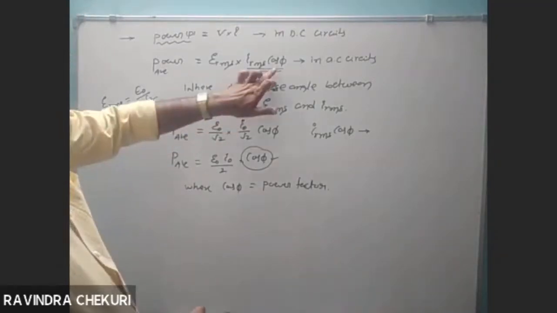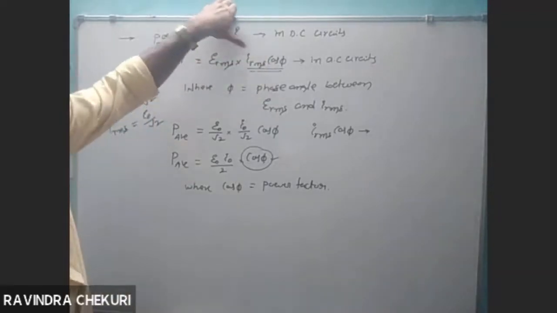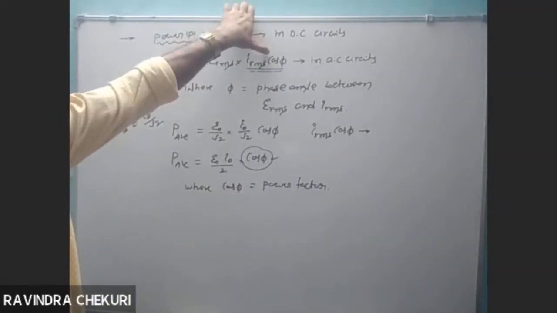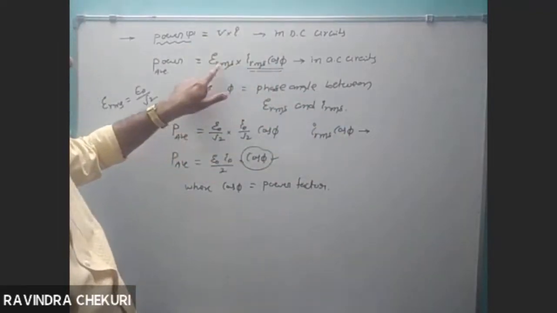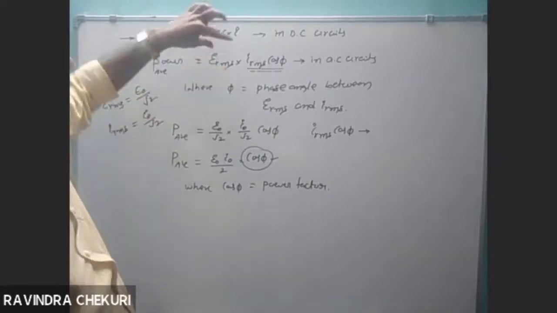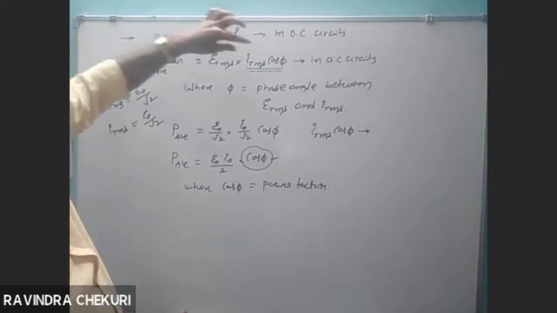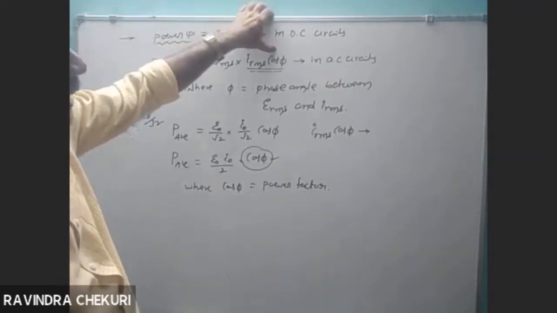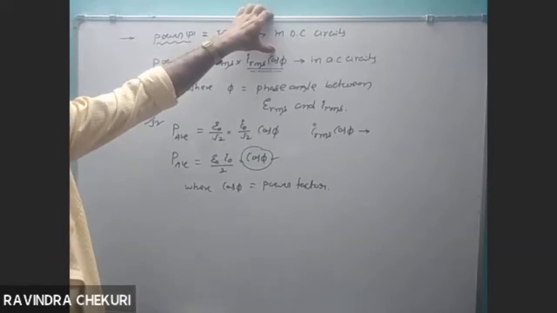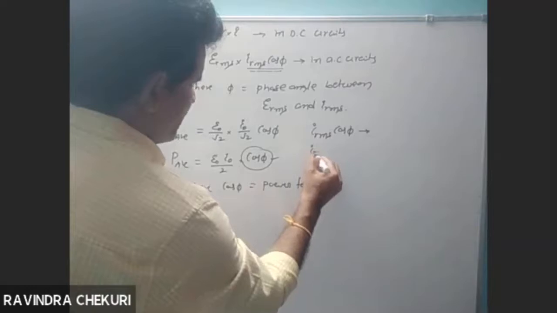Generally, cos phi and sin phi are mutually perpendicular. IRMS cos phi is in phase with the voltage, so the product of ERMS and IRMS cos phi is the power consumption. What about IRMS sin phi? That is out of phase, so it does not contribute in the power.